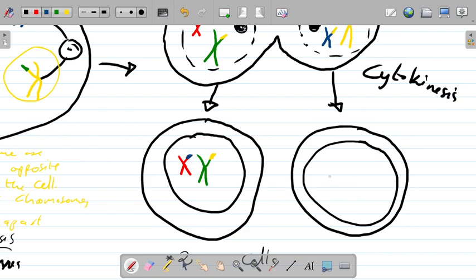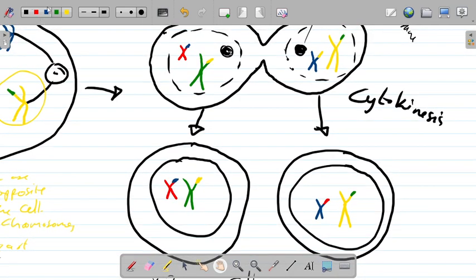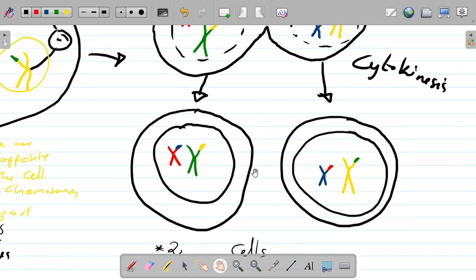Then this side you'll have the small blue chromosome with a bit of the red chromosome, and then you'll have a tall yellow one with a bit of the green one. There. This is basically what we drew. I made a mistake here. You don't have this, you have this. Perfect. Now we corrected that.